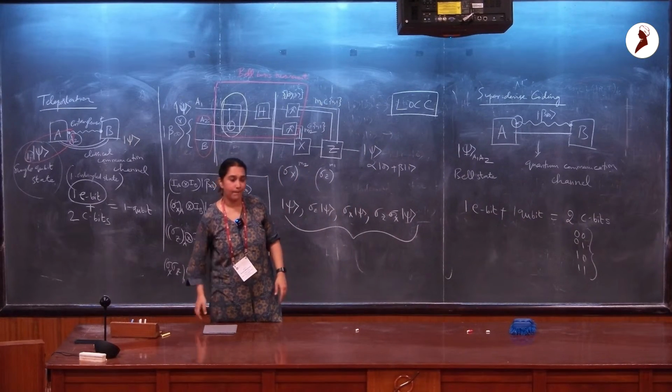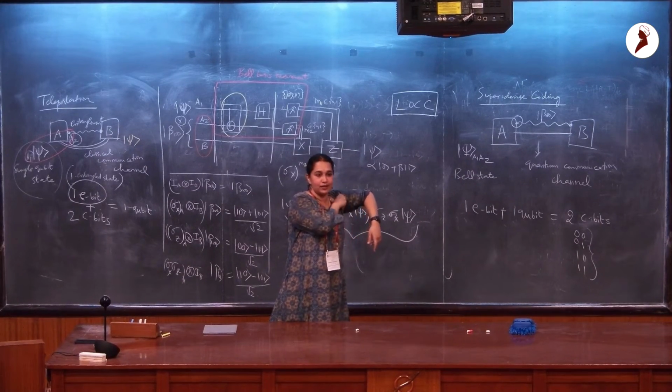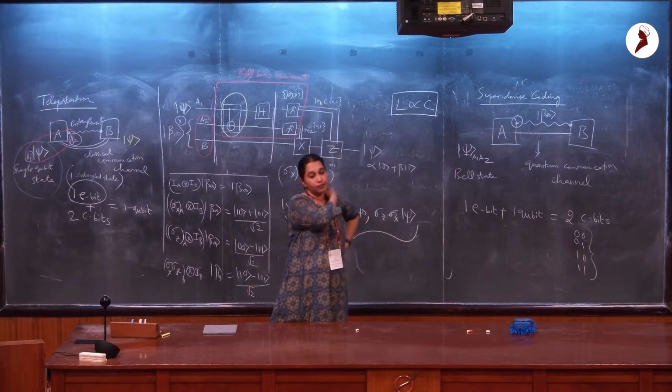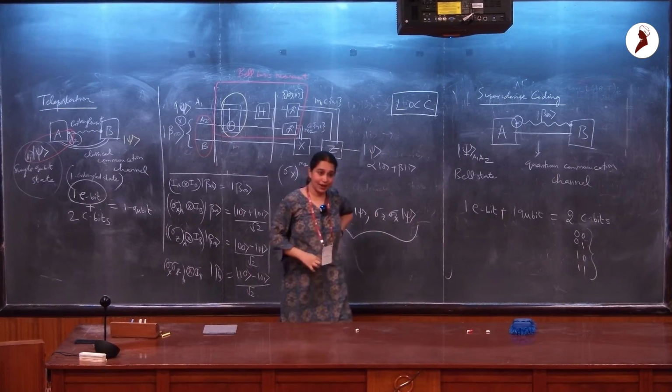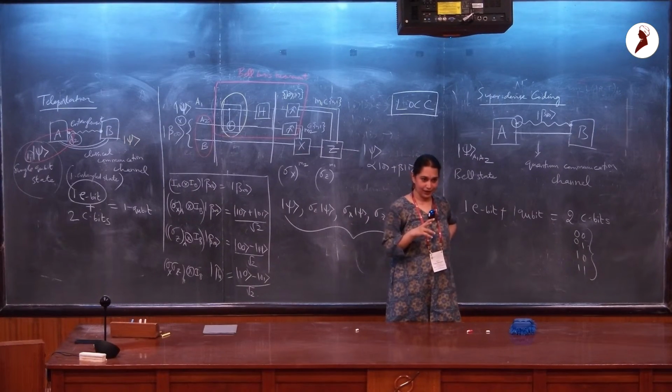Will trying to communicate a maximally entangled state also lead to these same states? What do you mean by communicating a maximally entangled state? Send both parts. A maximally entangled state always has 2 parts to it. There's a subsystem A and a B, right?